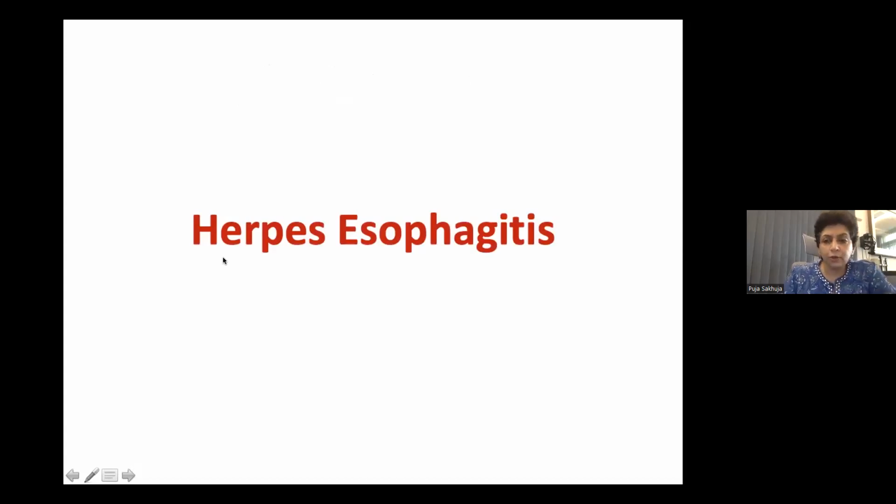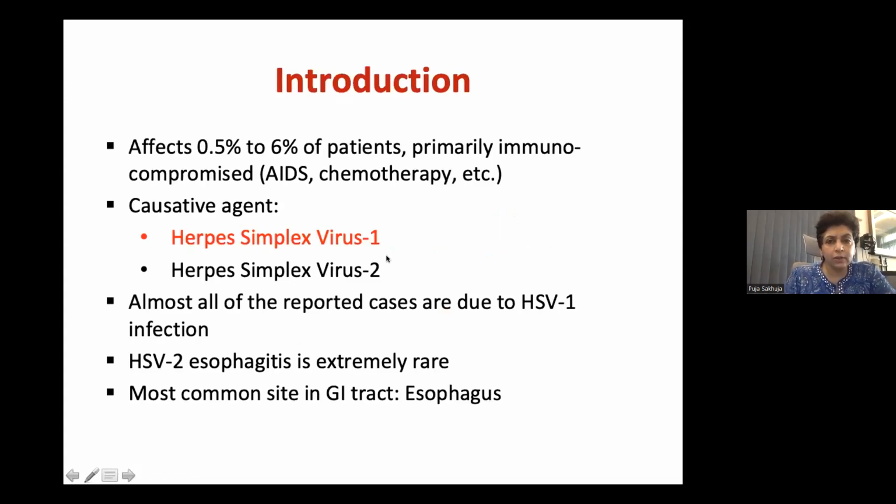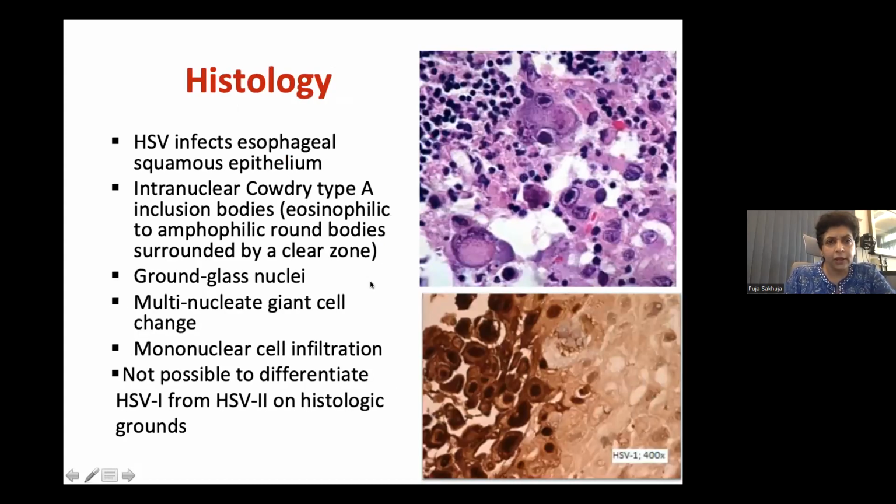So herpes esophagitis is another thing that we come across sometimes, especially in immunocompromised individuals, if they're having HIV or undergoing some chemotherapy. Usually it's due to HSV1, 2 is very rare. And the most common site in the GI tract for herpes simplex, in fact, is the esophagus.